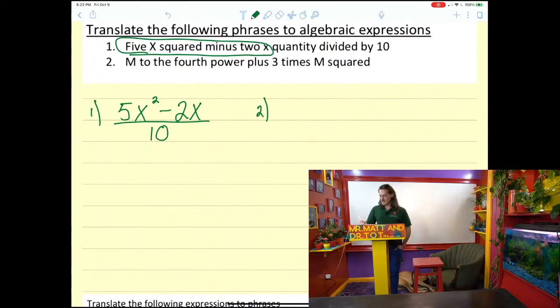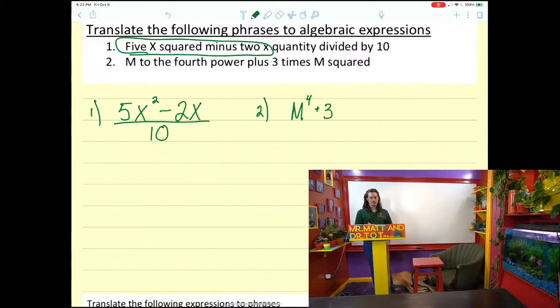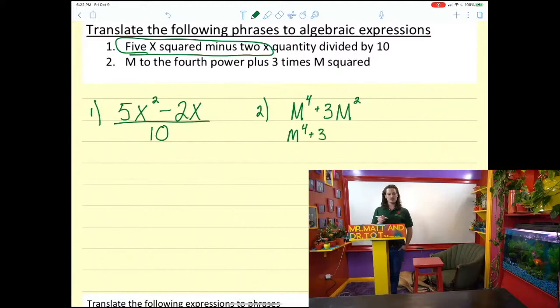If you did m to the 4th plus 3 quantity m squared, that's how that would be read. It would be quantity m squared if it was that second version. But they didn't say quantity m squared, they said 3 times m squared. So it can be very tricky. If you have any questions, then please let me know.